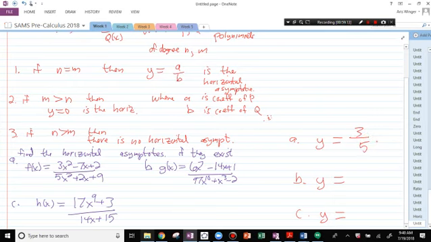Take the ratio of the coefficients of those powers. B, y equals 0. The degree of the denominator is 10, the degree of the numerator is 7. 10 is more than 7, so 0. C? No horizontal asymptote.